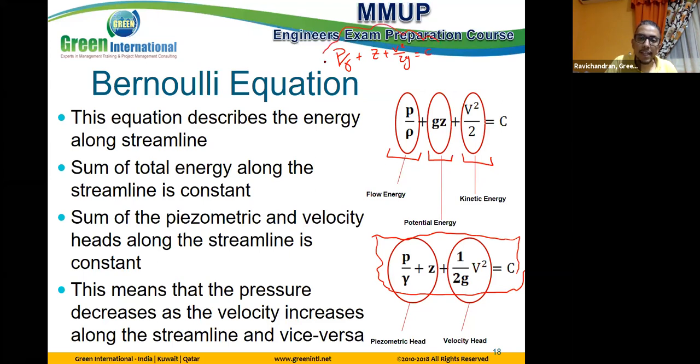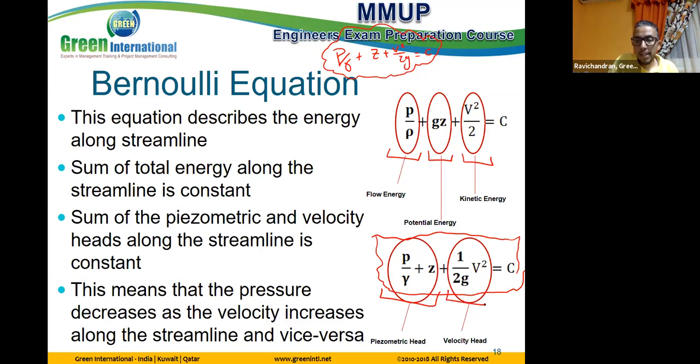Don't forget this equation, please. P over gamma plus Z refers to the piezometric head. You remember the piezometric device? This is the piezometric head.